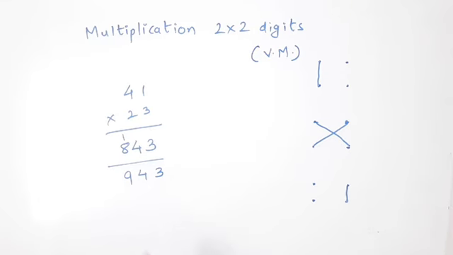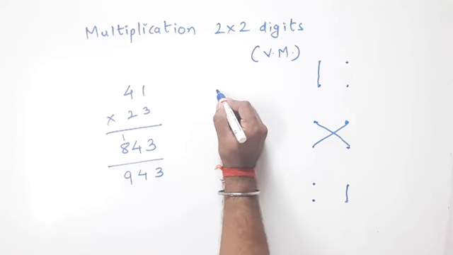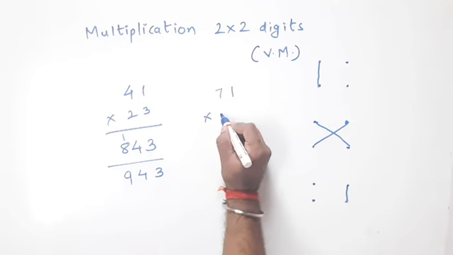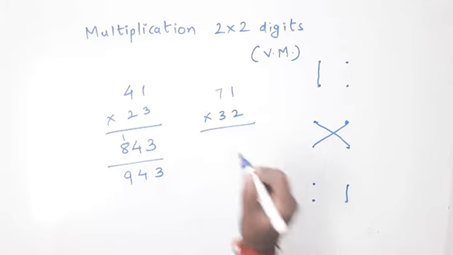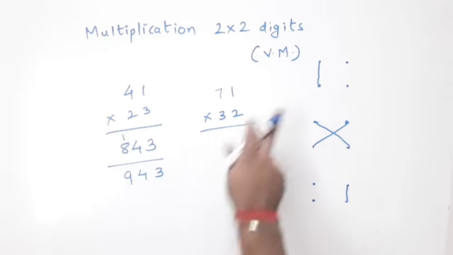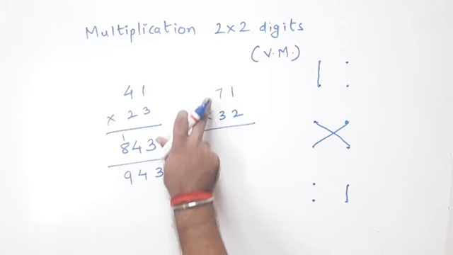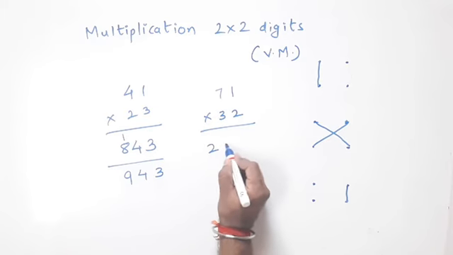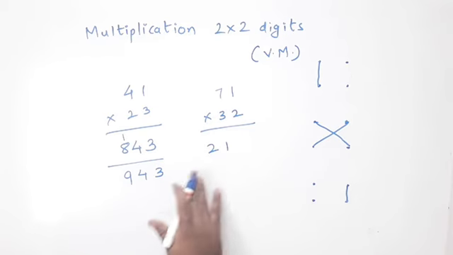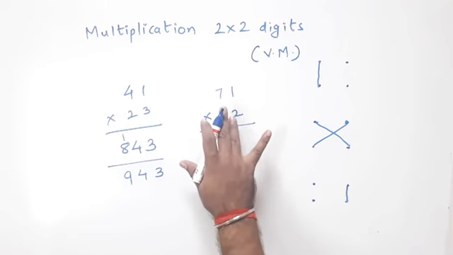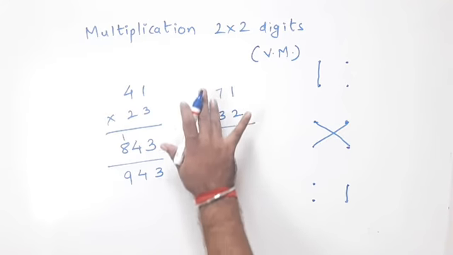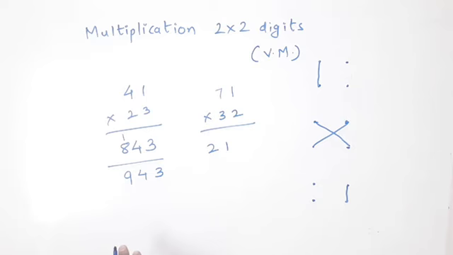One more sum so that you can understand where to carry, how to add everything in detail. Let us say 71 multiplied by 32. Now first we'll multiply this. 7 3s is 21. Straight away you can write starting from the left. Then cross multiply. 7 2s are 14, 3 1s are 3. 14 plus 3 is 17.